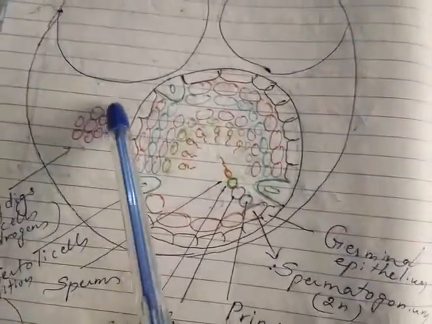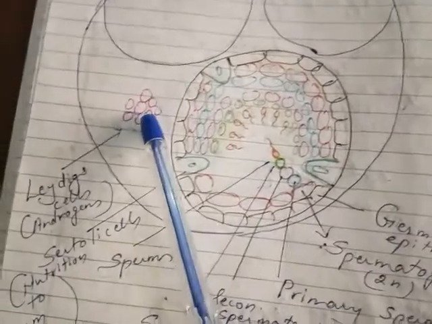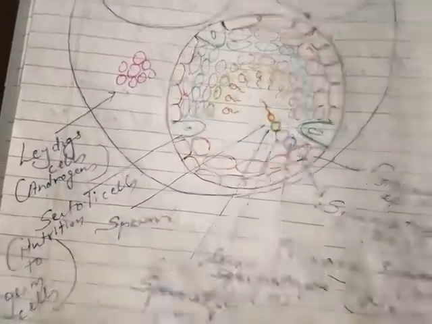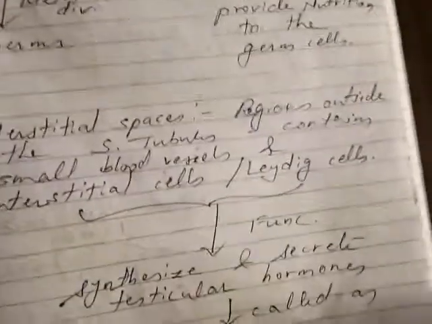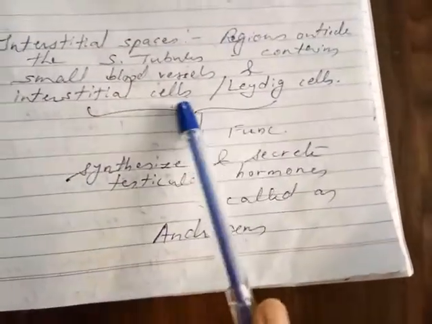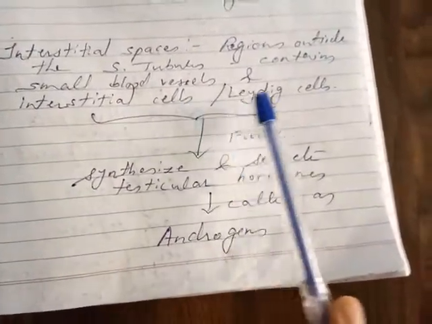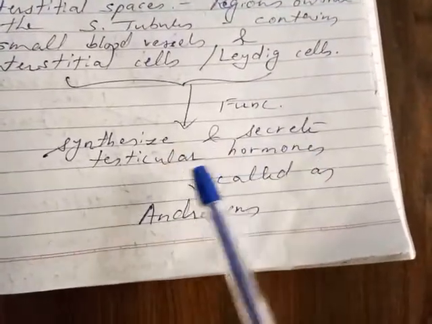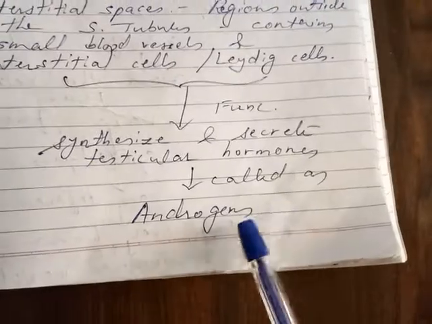In between the tubules, Leydig cells are present, which produce androgens, the hormones. They are also called interstitial cells. The function of the Leydig cell is to synthesize and secrete testicular hormones called androgens.